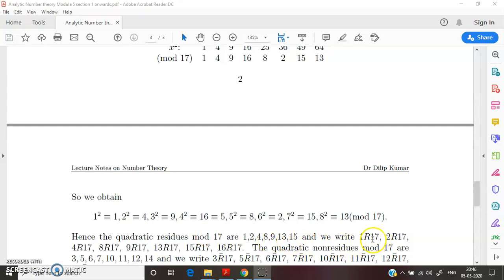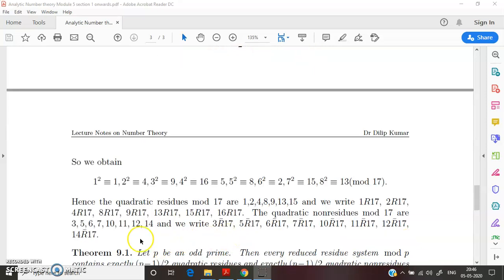So 1 R 17, 2 R 17, 4 R 17, 8 R 17, 9 R 17, 13 R 17, 15 R 17, 16 R 17. So these are the numbers. The quadratic non-residues are 3, 5, 6, 7, 10, 11, 12, 14. We write 3 R bar 17, 5 R bar 17, 6 R bar 17, like that.